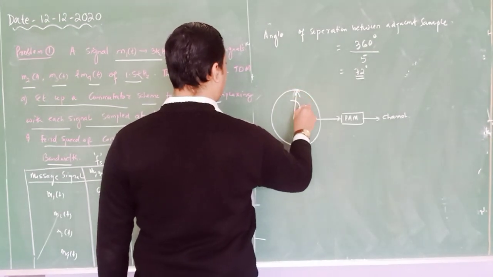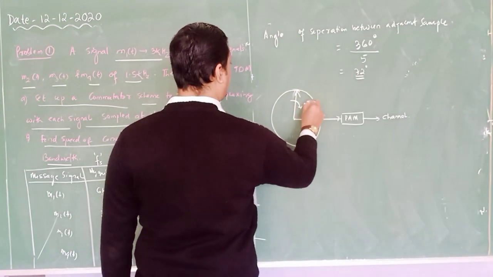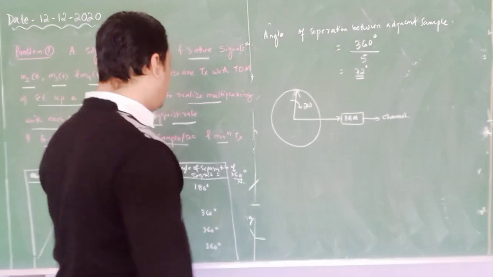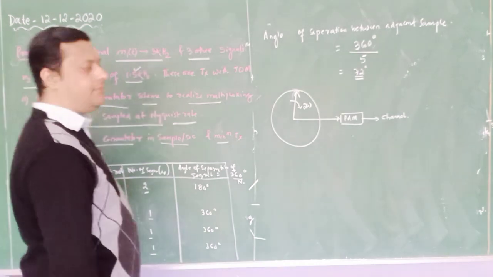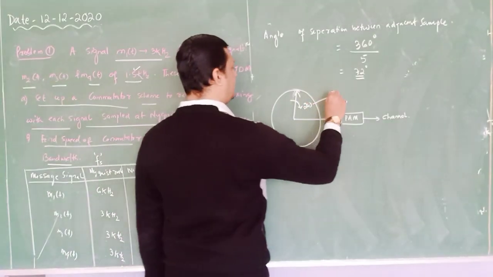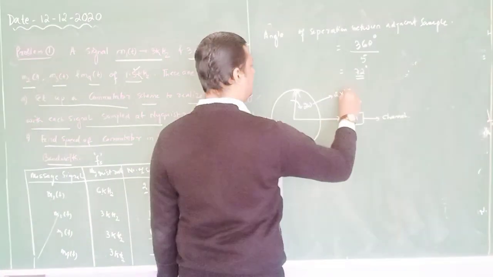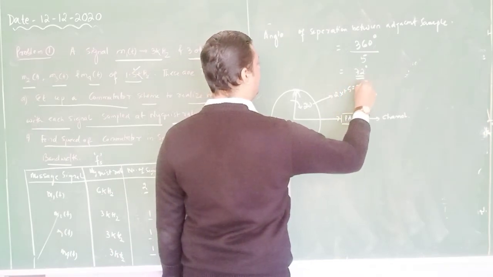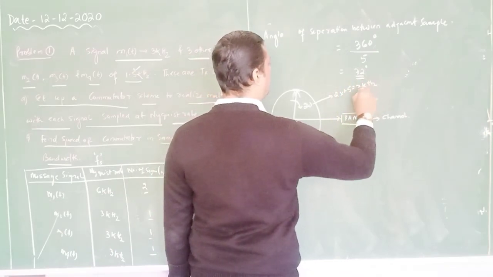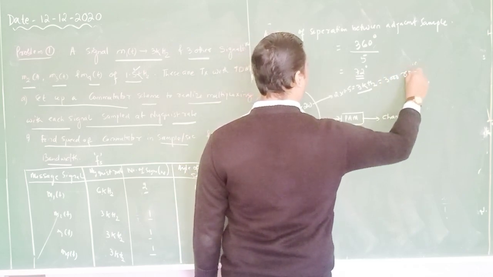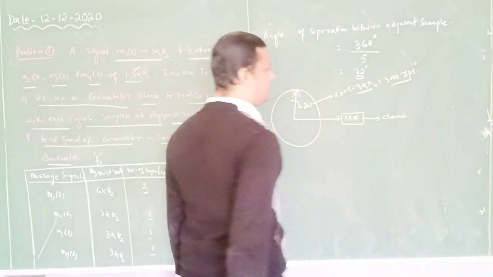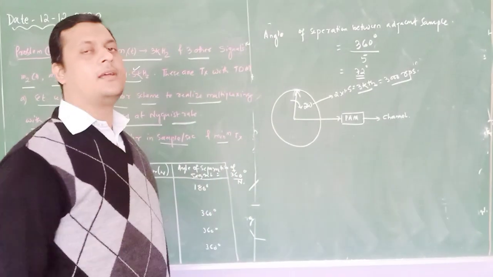And this commutator is rotating with 2 omega. So what is the minimum frequency available in our message signal? Minimum frequency is 1.5 kilohertz. So that means the rotation is 2 into 1.5, that is 3 kilohertz. Or you can say it is 3000 revolutions per second, RPS. At this rate your commutator is rotating.